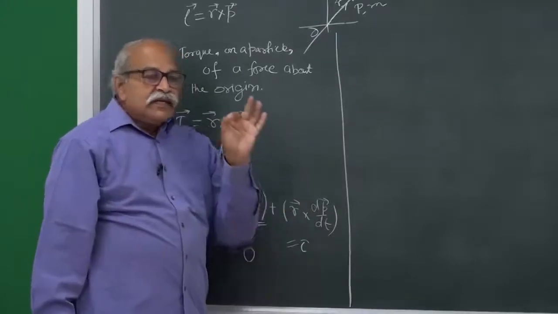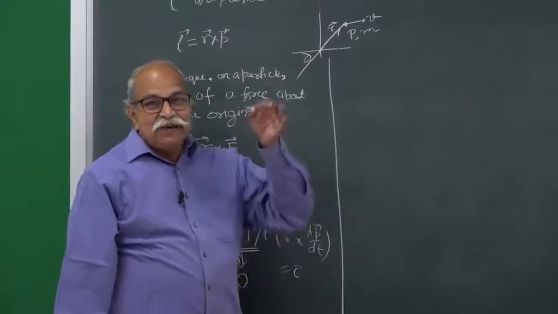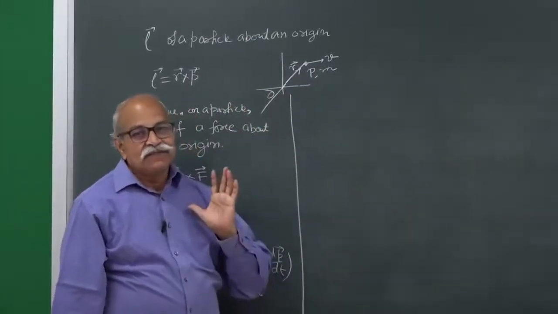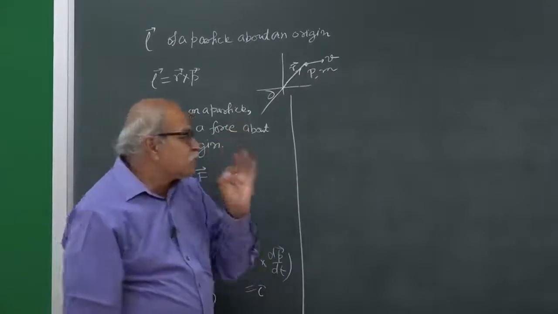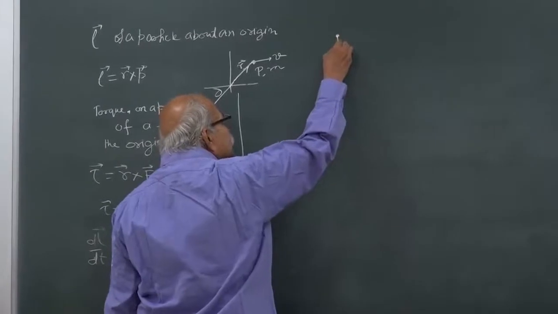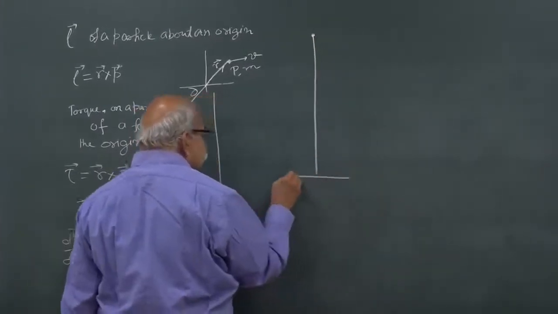Now, let me take a very common, simple example: a particle freely falling under gravity. So, a particle is dropped, and then it falls on a vertical line, and then it reaches ground.